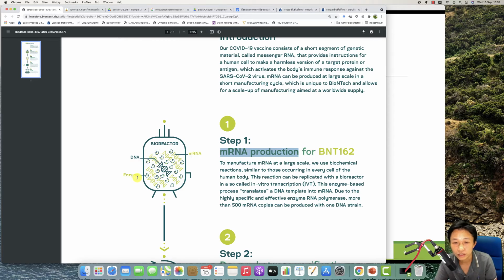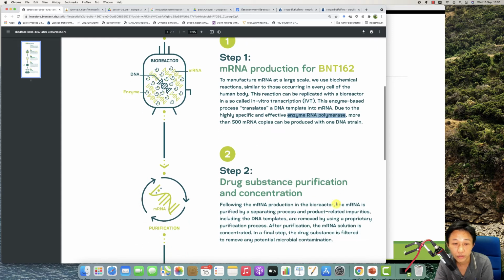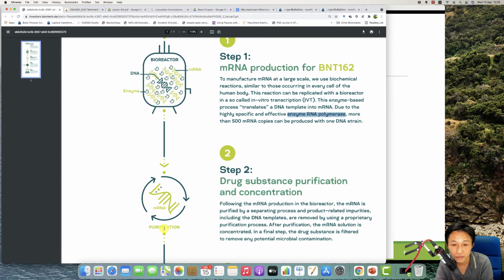Enzyme is a catalyst, as I mentioned. It tries to use the DNA template to make a lot of copies. Inside is the enzyme RNA polymerase. Polymerase is something that you produce. You make mRNA as much as you can, and then you purify it, and see, it's downstream already, like this one.